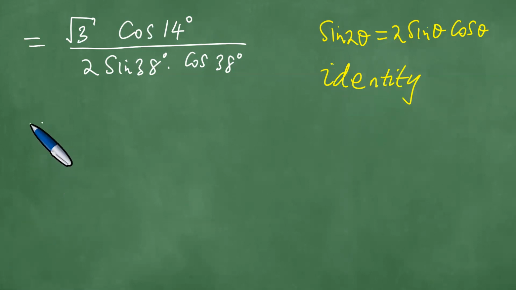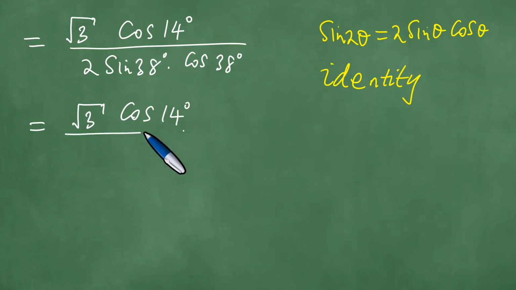So that in the end, we can get what? The square root of 3 cosine 14 degrees, which is divided by 2 sine 38 cosine 38. Like 2 sine theta cosine theta is sine 2 theta, so sine of double the angle is called a double angle formula.